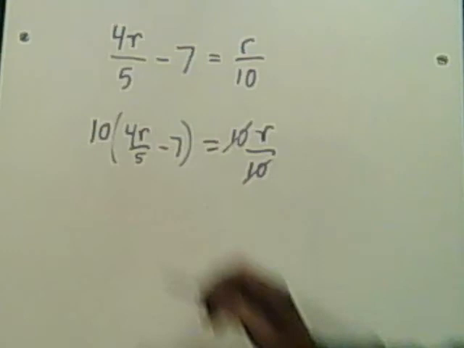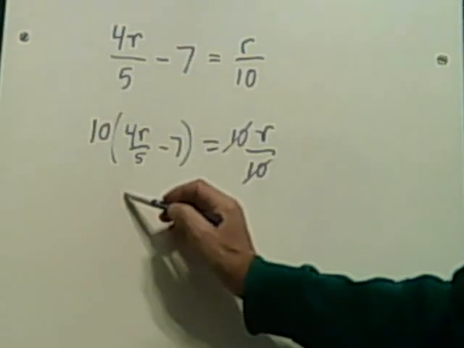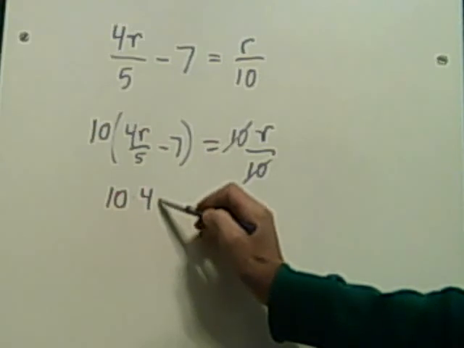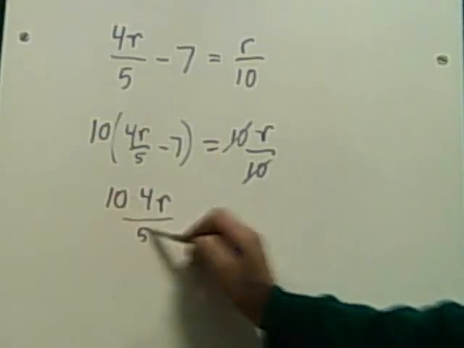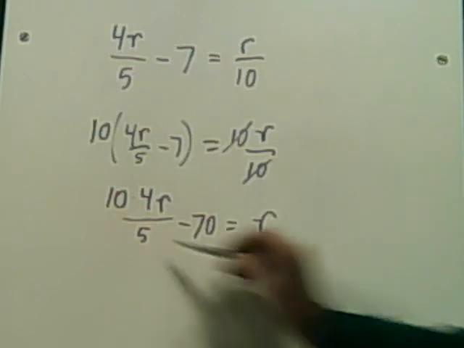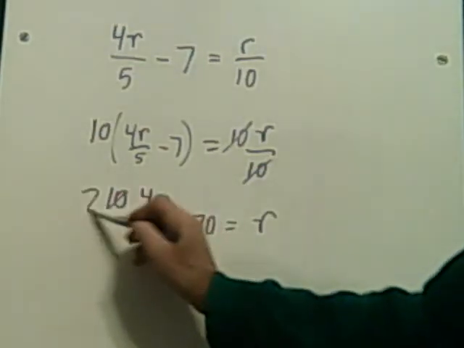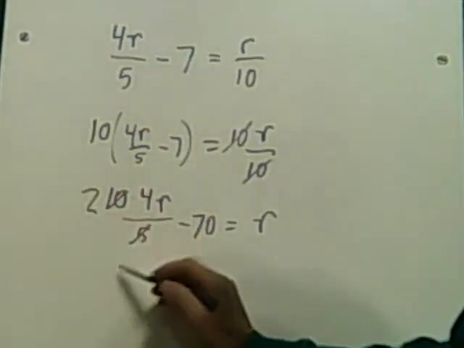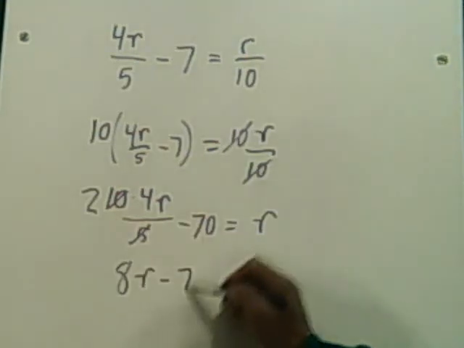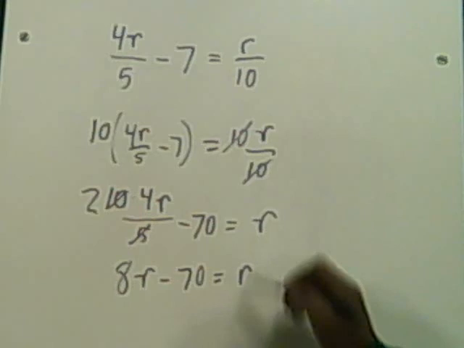And the 10 times the 7 is going to be 70. So on this side, you're going to get 10 times 4r over 5 minus 70 equals r. Those cancel to make it 2. And that gives you an 8. 2 times 4 is 8r minus 70 equals r.